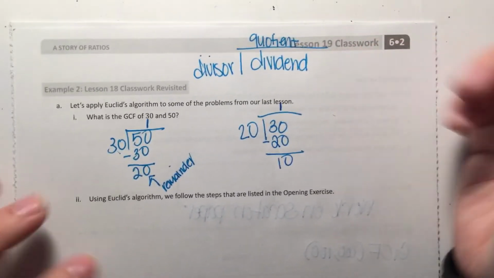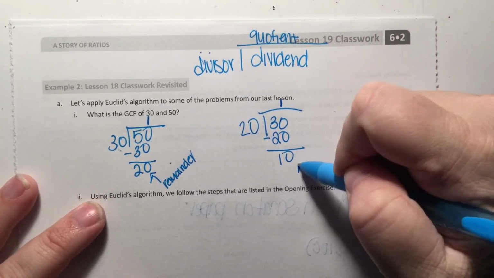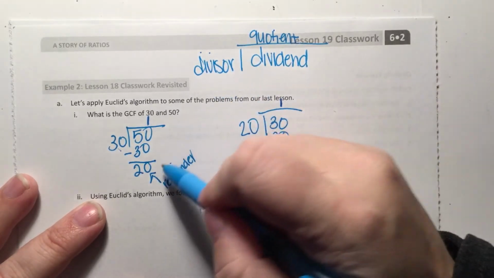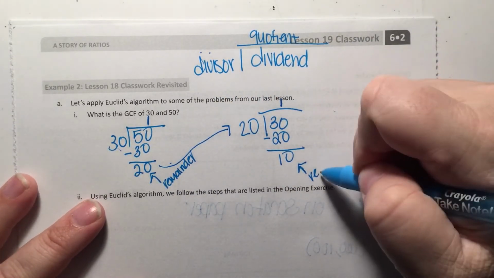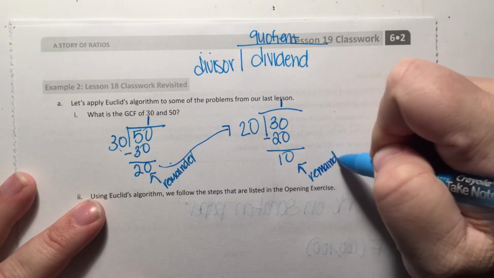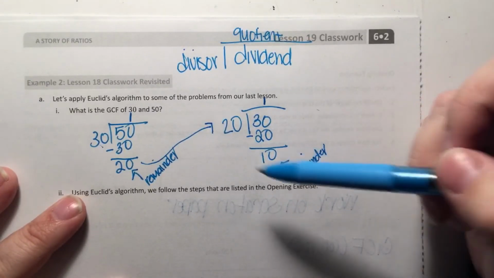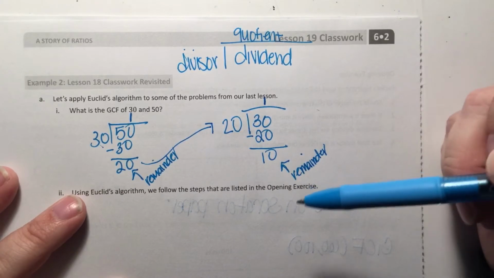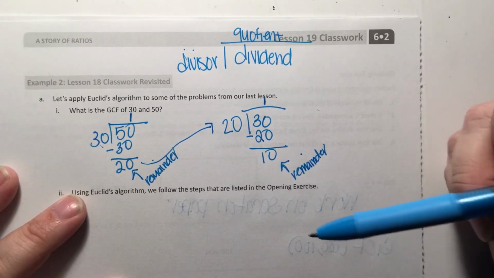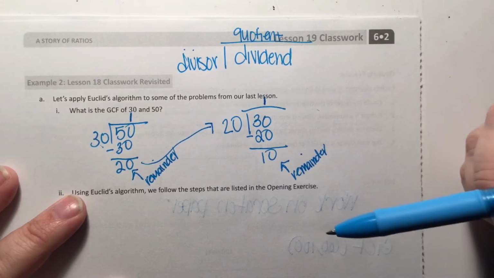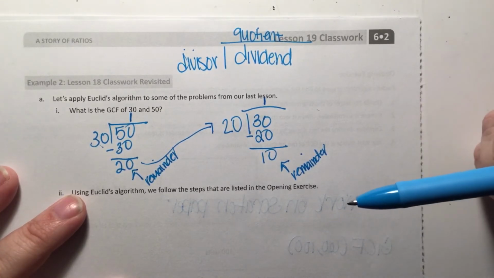So guys, remainder, right? If you take this, your remainder goes there. Do you guys see that? So this is my remainder. I'm going to go again because I have to go until I reach 0. Continue dividing the last divisor by the remainder until the remainder is 0. That's step 3.